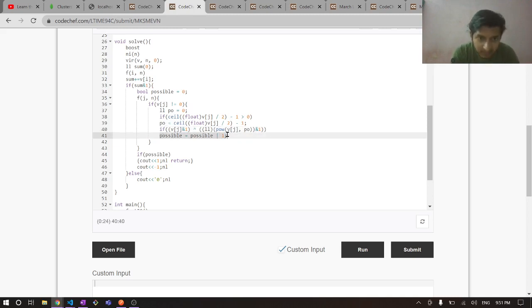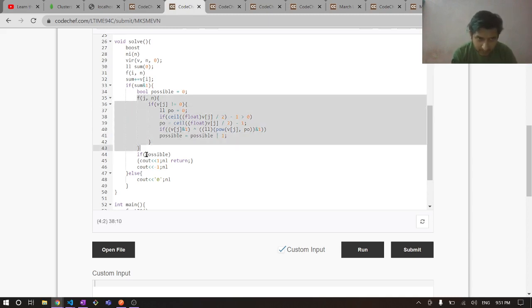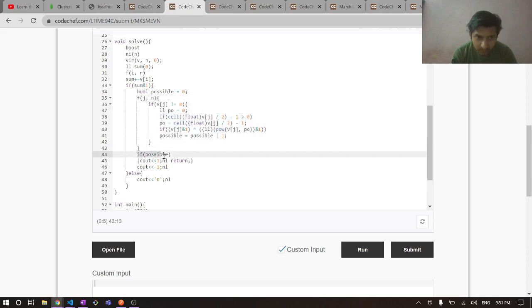Note, if I write and, this means that everyone should be changeable, but I want any one of them changeable. So if possible in any case, just take or, simple. Okay, and after this loop, if possible print 1 and return, otherwise print -1 and return.